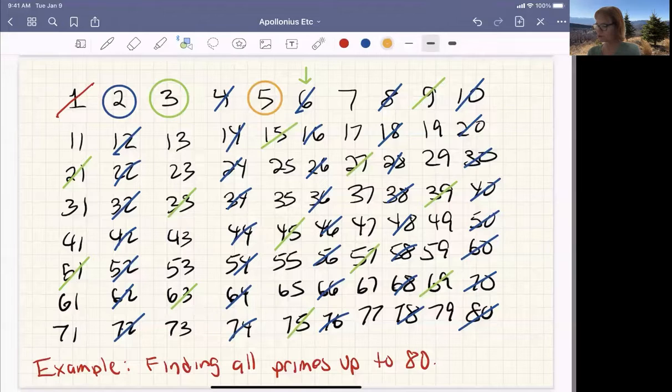So I would go 1, 2, 3, 4, 5. 10's already been crossed off. 15's already been crossed off. 20's already been crossed off. Finally, we get something to cross off. It's 25. And then we're going to cross off 35 and the 55 and the 65, and all the other multiples of 5 have already been crossed off.